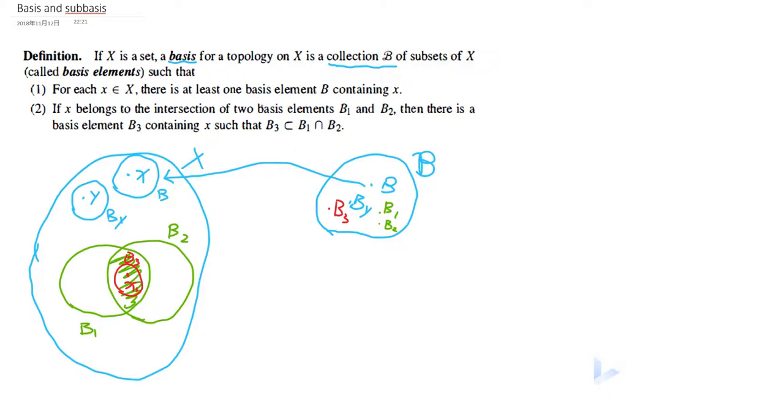So if the elements of the collection B satisfy both of the two properties here, then this collection B is called a basis of X. So that's the definition of the basis.